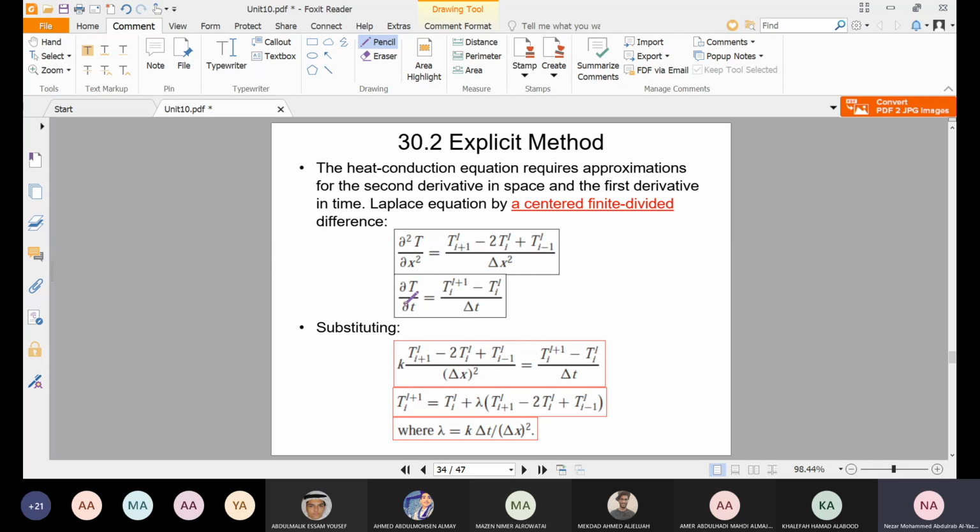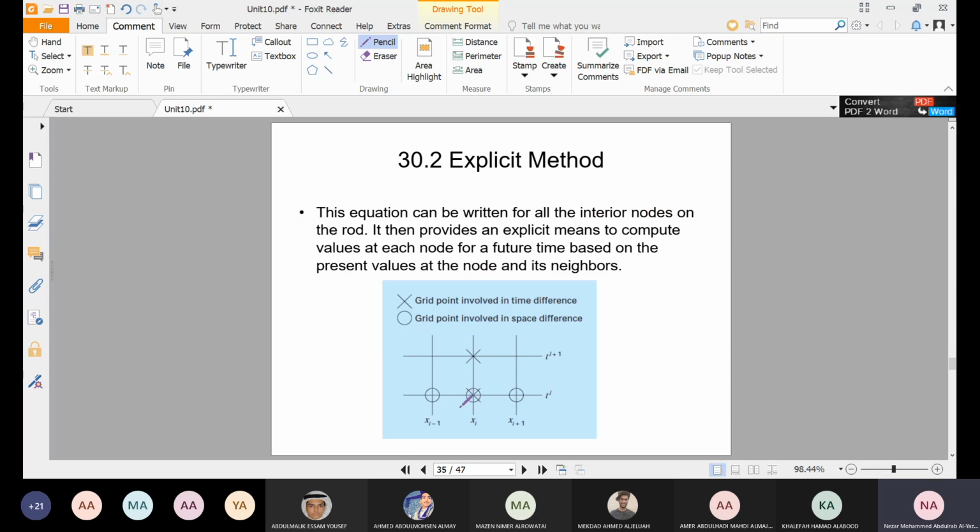Another important topic is usually the explicit method and the implicit method, which are methods used to solve the ODE equations. In the explicit method, we usually have the temperature at time n+1 depending explicitly on time n. So we compute the temperature at time n+1 using the temperature at time n, a previous time.